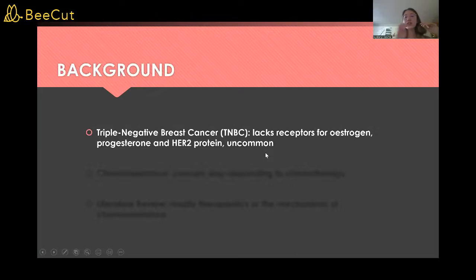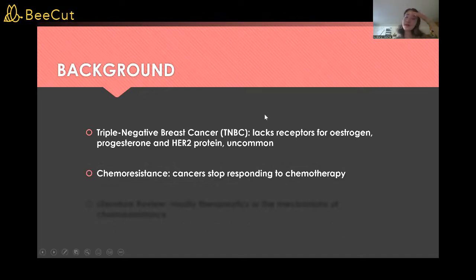Some background. TNBC are cells that lack receptors for estrogen, progesterone, and HER2 protein. It is relatively uncommon, as only 15% of breast cancers are TNBC. Chemoresistance happens when cancers stop responding to chemotherapy.